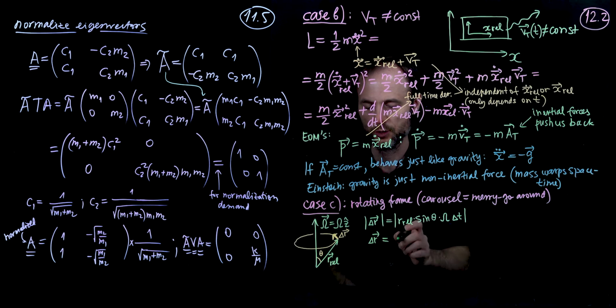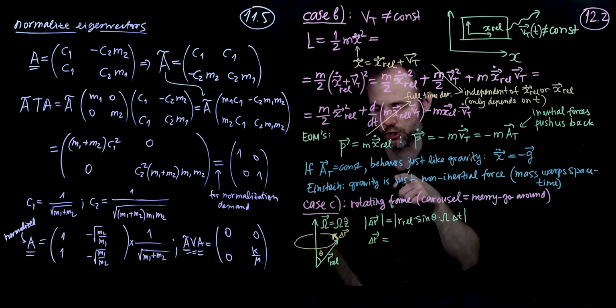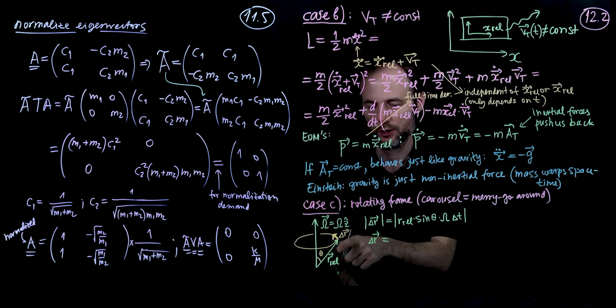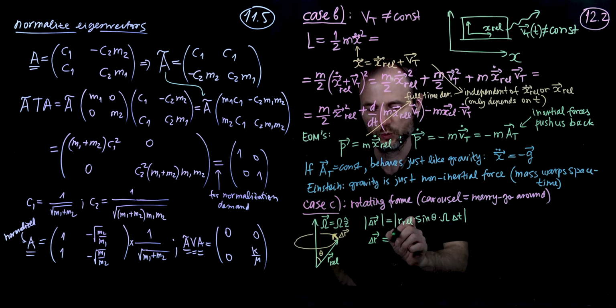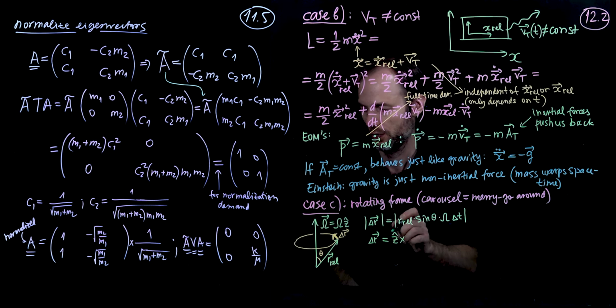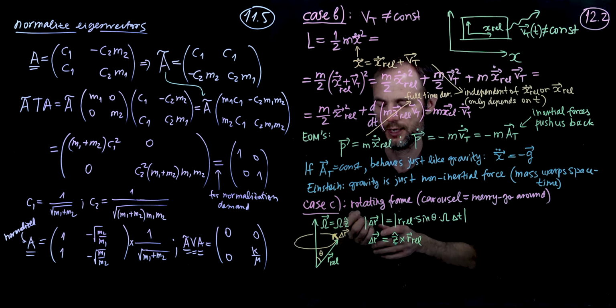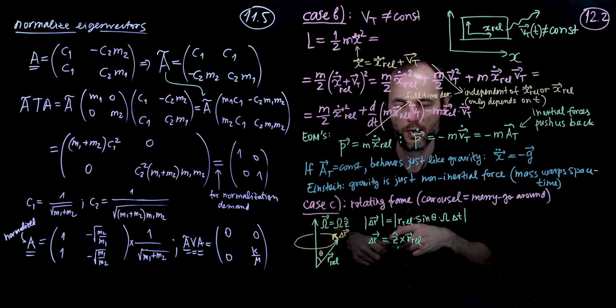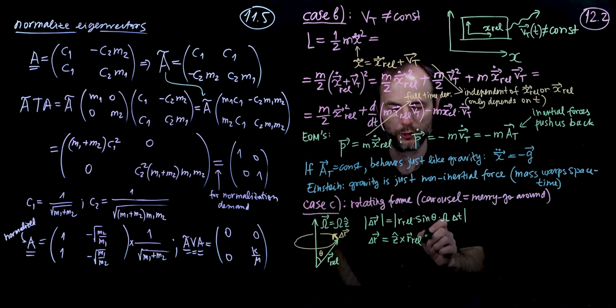This delta r vector is going to be pointing in the direction perpendicular to both omega and r rel, right? So it will be pointing in the direction of z cross r rel. So z is vertical, r rel is like that. So the cross product will be pointing into the board, and the length of this will be just r rel times sine theta.